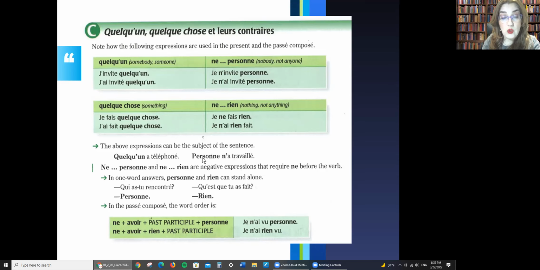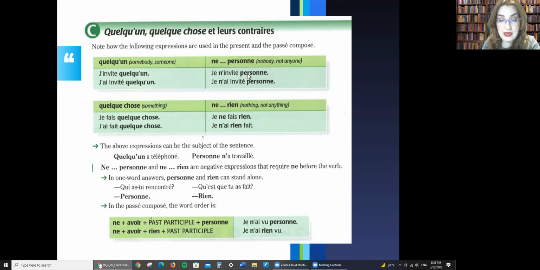Okay, so personne is a subject, and then we put n'a travaillé. So when we are using it as a subject, we start with personne, and then we flip the order of ne, and we put it after personne. Are you with me?